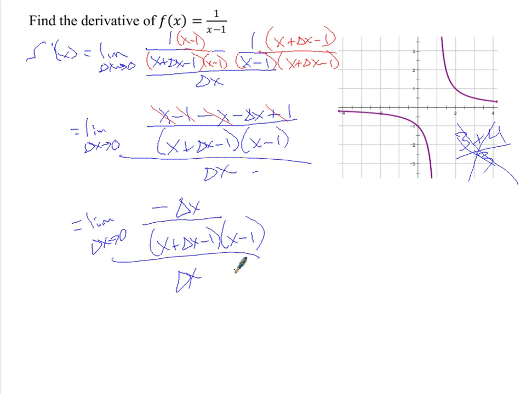Don't multiply them out. You don't need to. How do I deal with this? Yeah, leave it, change it, flip it would be the shortcut. Basically, this is delta x over 1. So I'm going to leave this. I'm going to change this division to multiplication. I'm going to flip this fraction to be 1 over delta x. What happens?